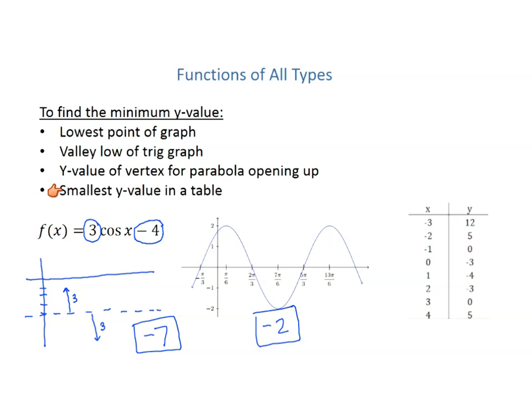So last time we were looking for the maximum, this time we're looking for the minimum, so we're looking for the smallest value in this table, and it looks like it would be that value right there. So -4 would be our minimum for this table, for this function.